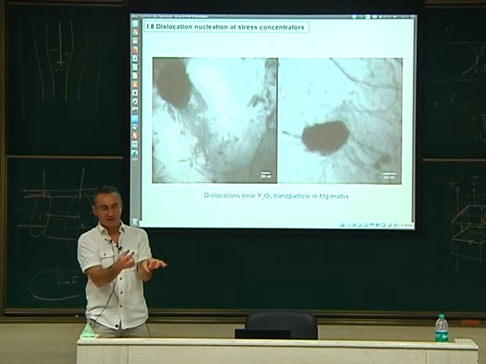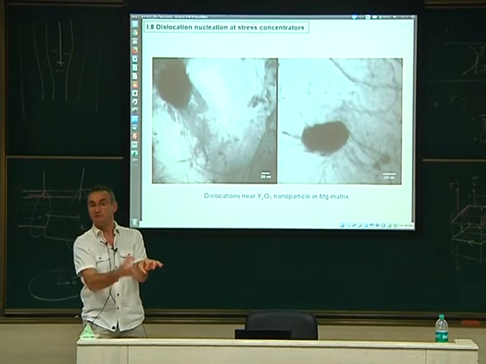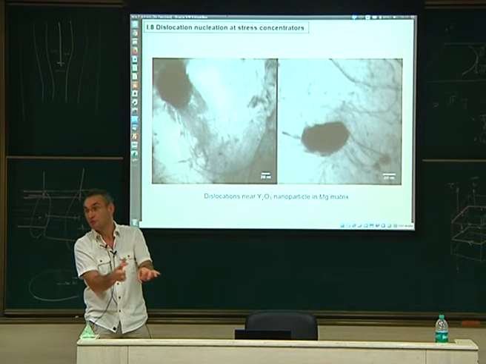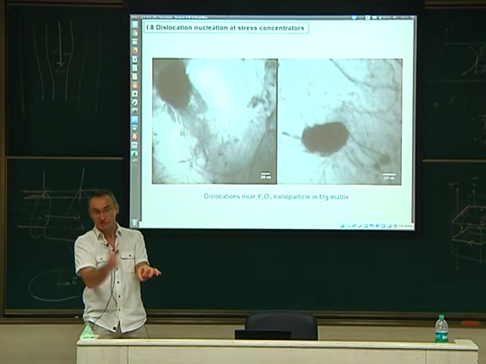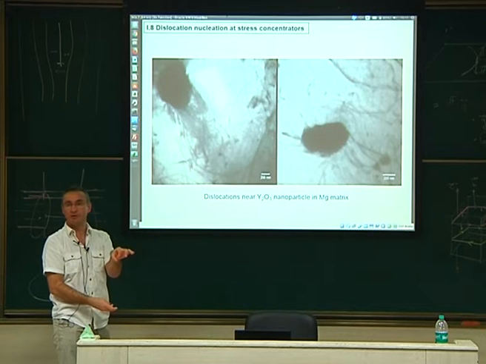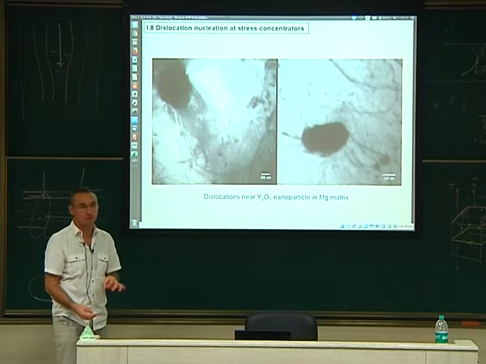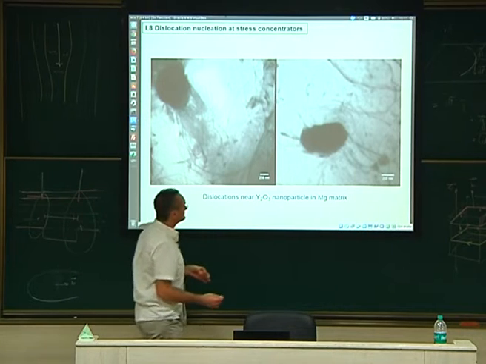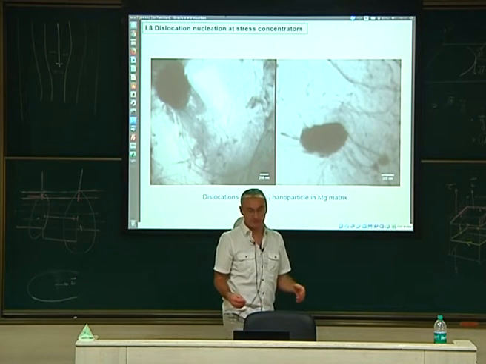From the particle, you can see a lot of prismatic loops which were emitted, just to accommodate the change of volume between the matrix and the particle. So many prismatic loops were emitted out from the spherical particle. If I have time, I will show you the picture tomorrow. Okay? So that's another source of concentration.